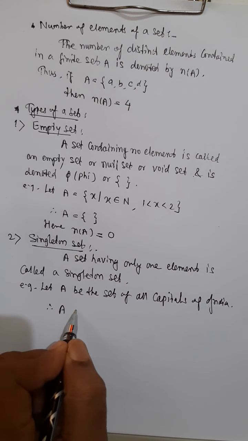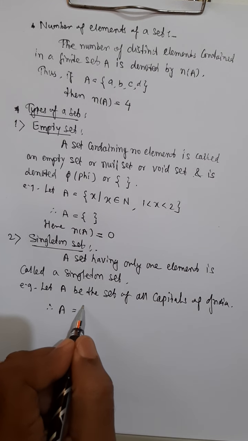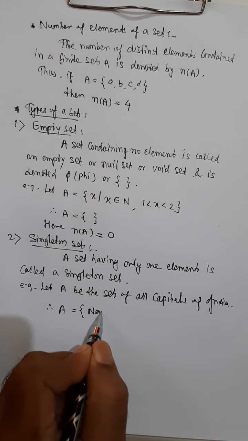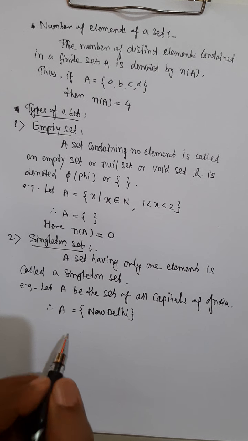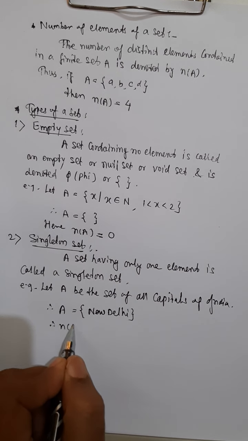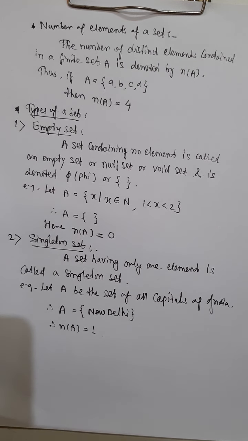We know that there is one and only one capital of India, and that is New Delhi. So we get only one element. So here n of A is equal to 1. A set having only one element is called a singleton set.